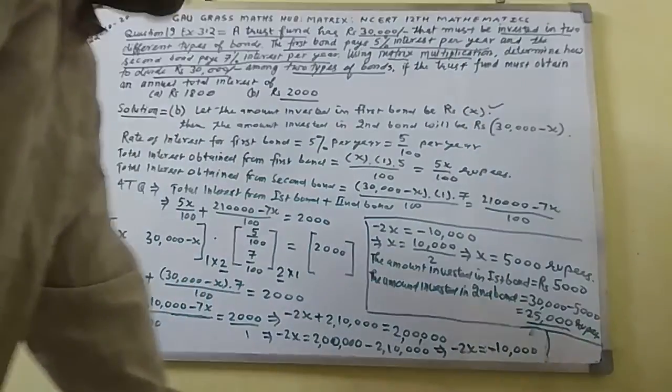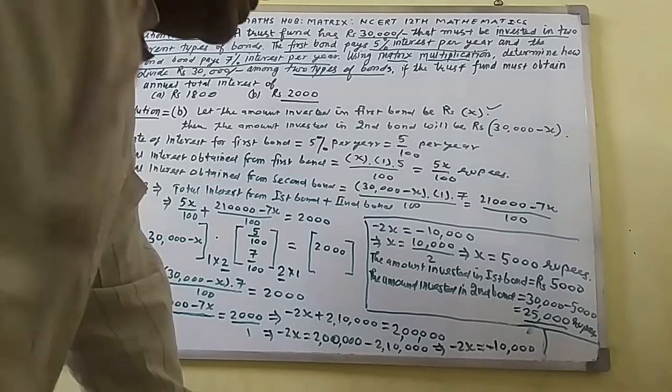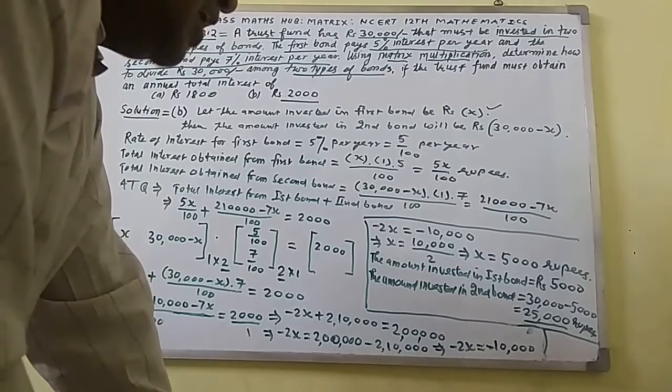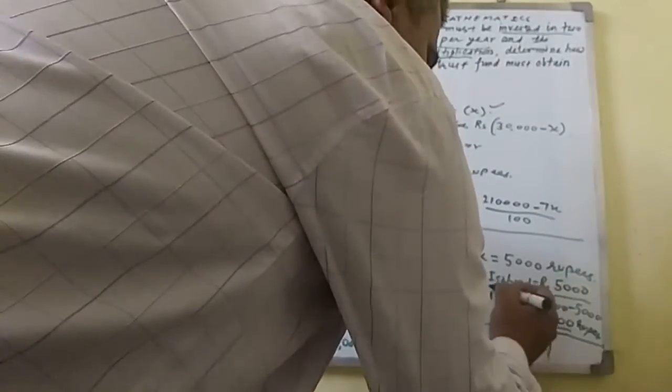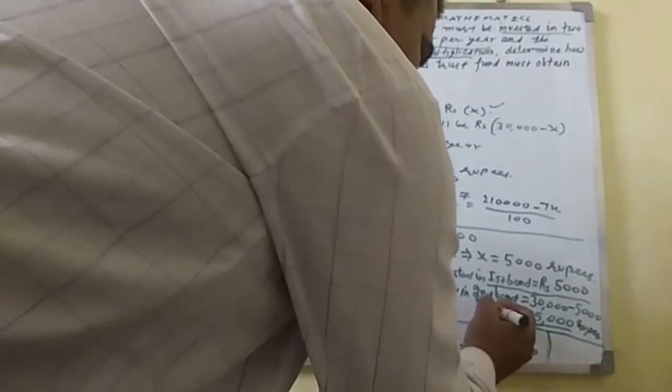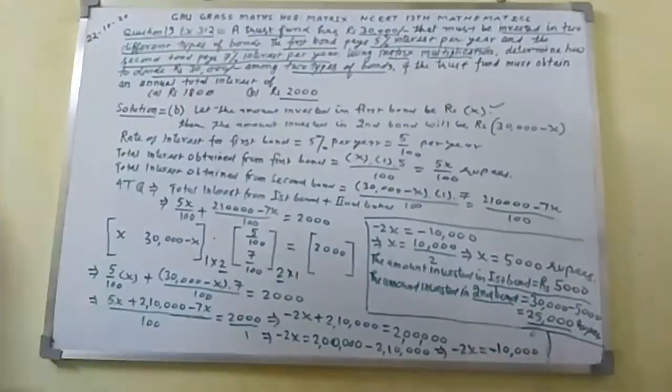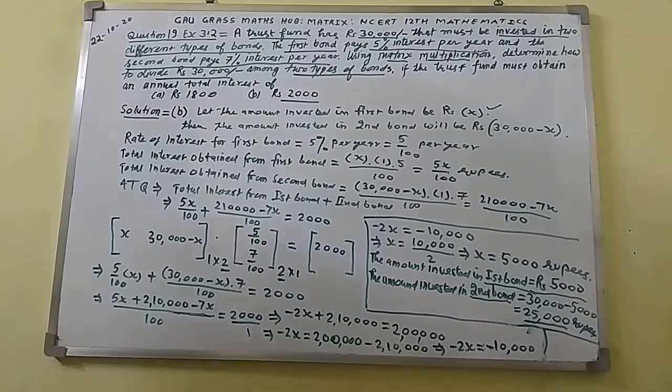This one will be the answer. First bond 5,000, second bond 25,000. This is the correct answer I have got on solving question number 19, exercise 3.2. That question has been taken from chapter 3 Matrices, NCERT class 12 math.